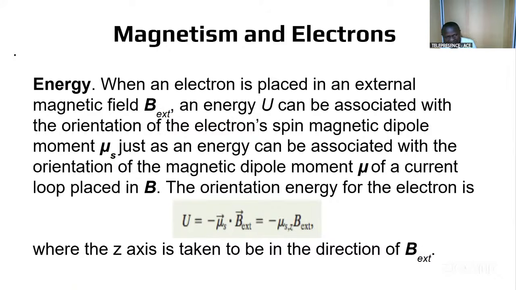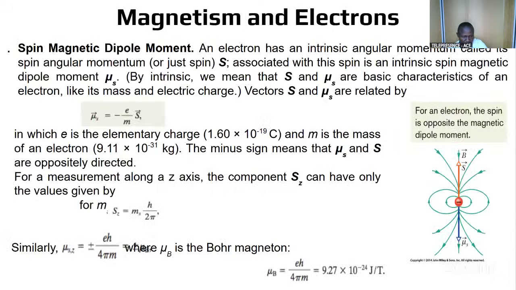Now, we need to find the energy associated with the orientation of the electron's spin. Now, the electron spin, it's the value ms. ms is equal to plus or minus half.